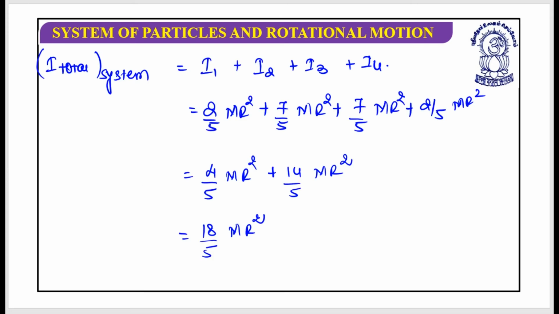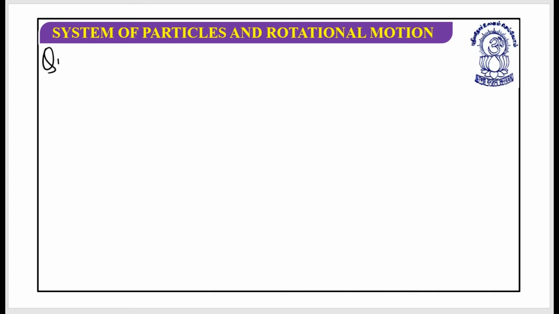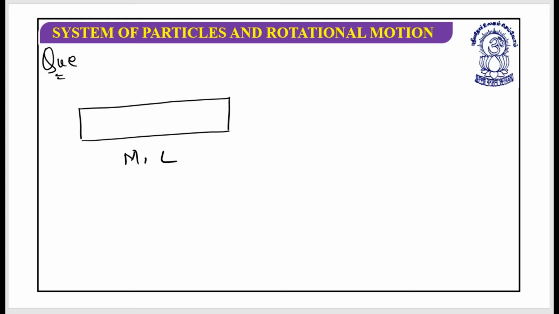Let's suppose the question is that we take a rod. It has mass m and length l, and the question is to find the moment of inertia. From where? Let me tell you.